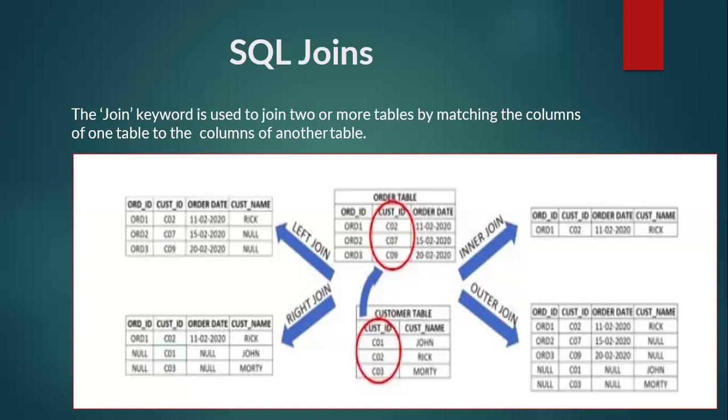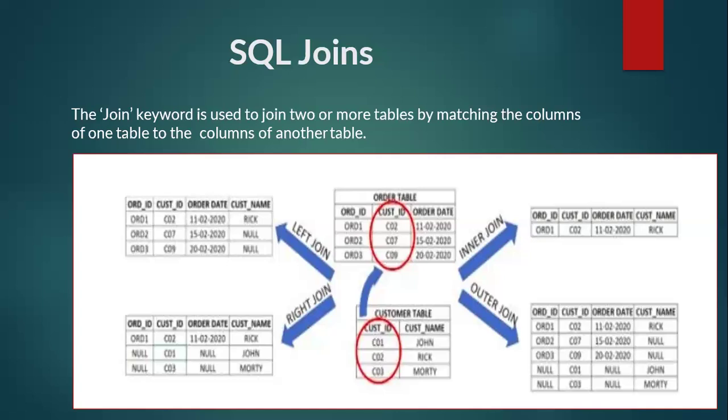it will return all the records from both the tables. You can see in the order table there is C02, C07 and C09. If you see the table created by outer join in the left lower corner, there is C02, C07 and C09 from the order table. Also, you can see C01 and C03.